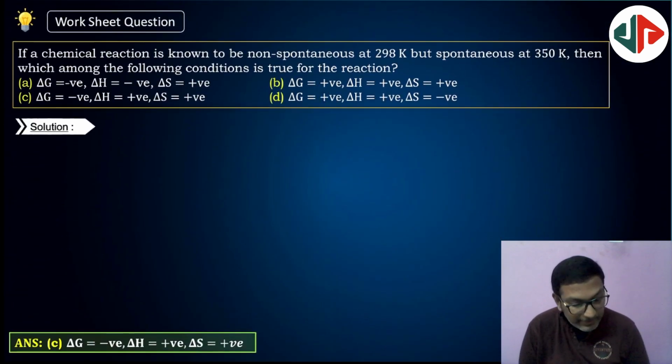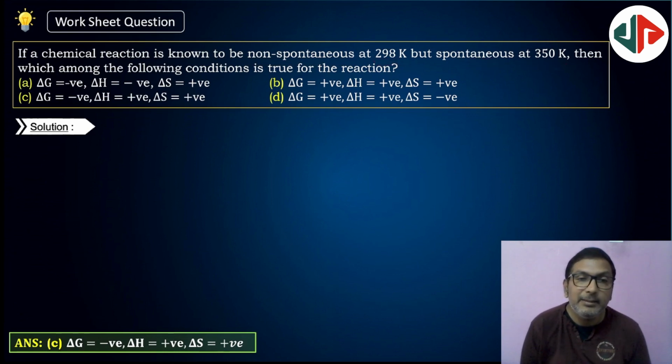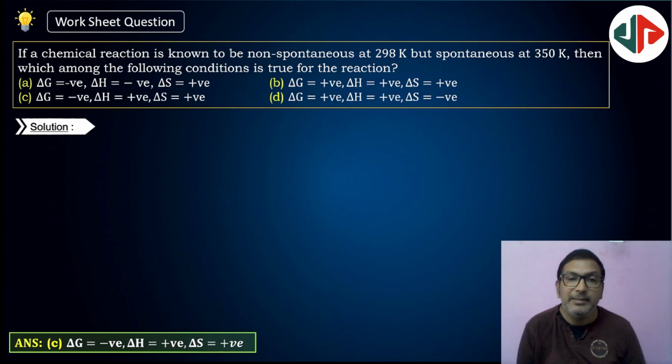Next. If a chemical reaction is known to be non-spontaneous at 298 kelvins but spontaneous at 350 kelvins, then which of the following options is correct? So as the temperature increases, the reaction becomes spontaneous.